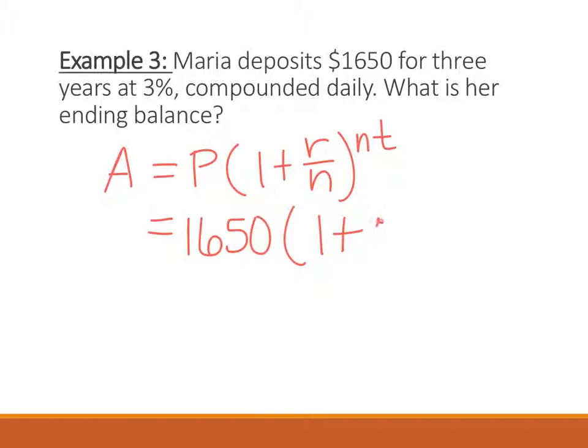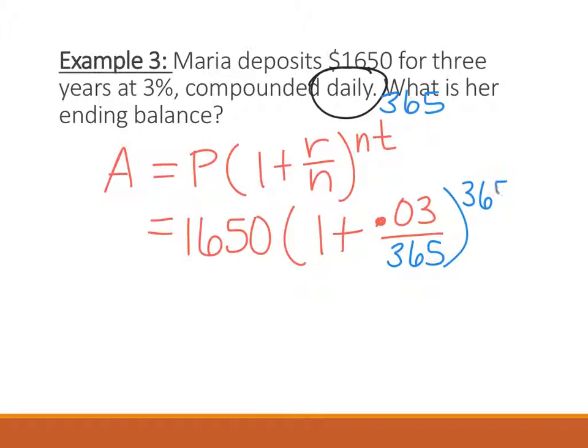My interest rate is 3%, which as a decimal is 0.03. I'm compounding daily. Compounding daily means that I'm compounding 365 times because there are 365 days in a year. So my N value would be 365, and I'll write that in the formula twice.